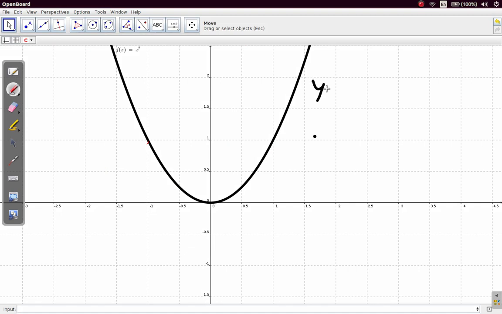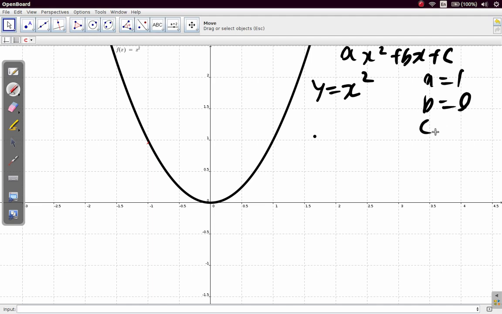We have y equals x squared. It means, if we look at the general form ax squared plus bx plus c, we see that a is 1 in this case, b is 0, c is 0, because y equals x squared is really y equals 1x squared plus 0x plus 0.